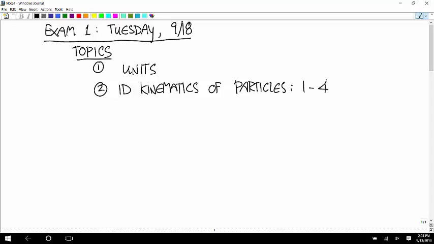Those are the kind of questions where there's a swimmer on the beach, and the swimmer goes to the raft and then back to the boat, and you move around the 0 position, the positive direction, and change the graph, and see how the graph changes. Those are the only 1D particle problems that are going to be on there.